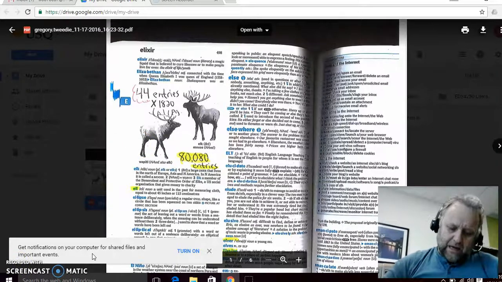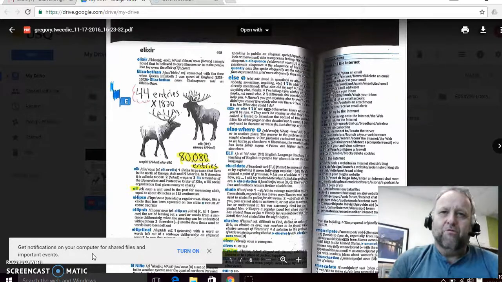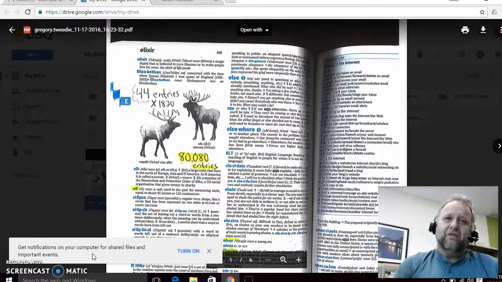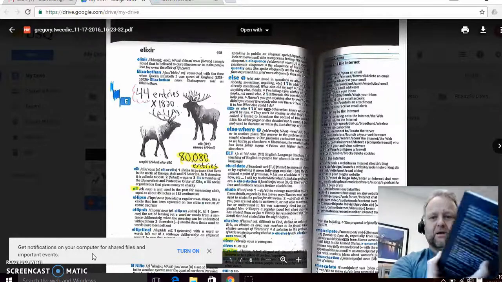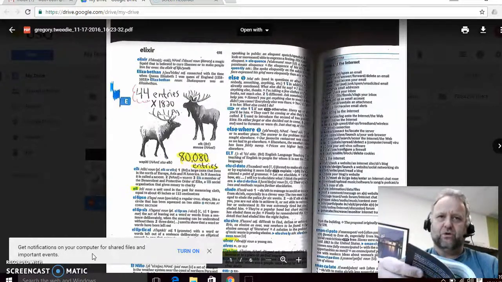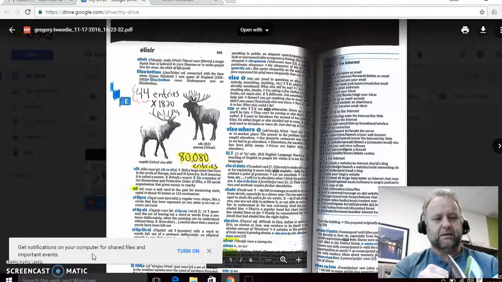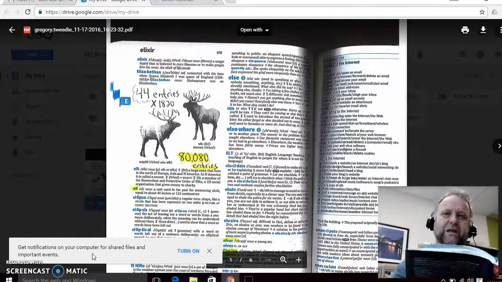Now, step B, according to Fromkin et al., is to multiply the number of words per page by the number of pages in the dictionary. So in the Oxford Dictionary, I find 1,820 pages.